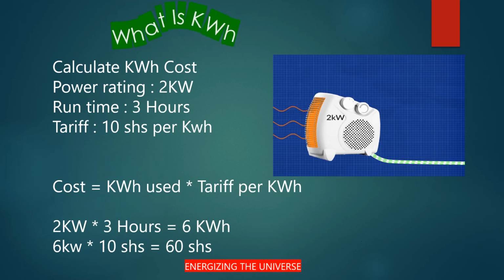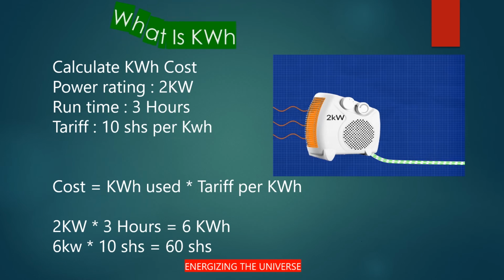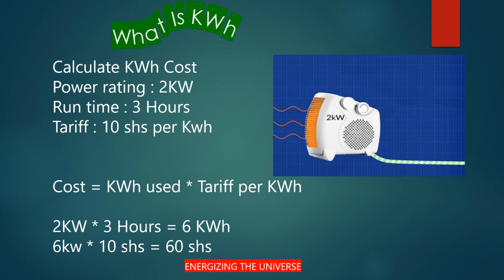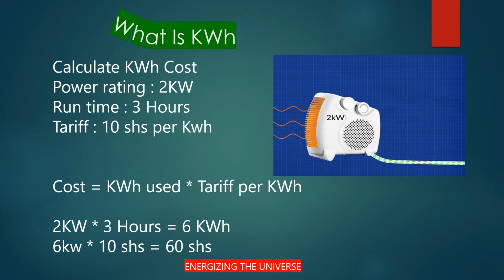If you want to calculate the costs, we simply multiply the kilowatt hour consumption by the electricity tariff set by our electricity regulatory authority or provider per kilowatt hour. If we look at the heater, which is 2 kilowatts, and it runs for 3 hours, then 2 kilowatts times 3 hours is equal to 6 kilowatt hours.